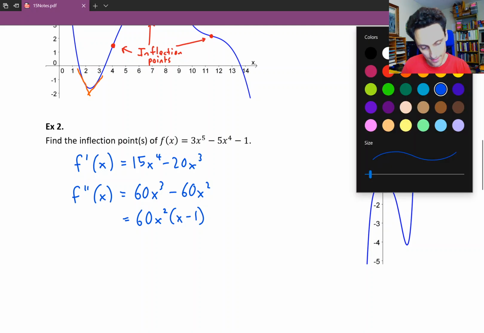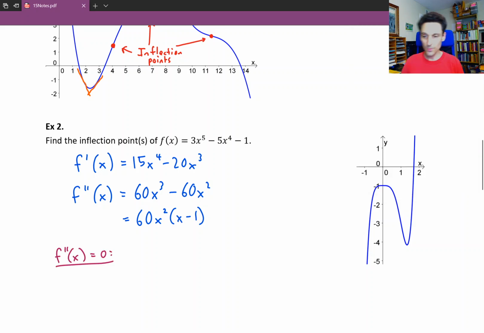Then we'll set this second derivative equal to 0, and figure out if there's any place where the second derivative does not exist. Always think about those two, in case there is a place where the second derivative does not exist.